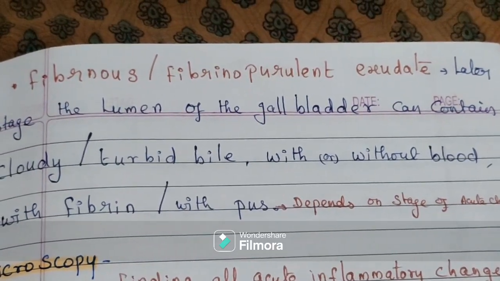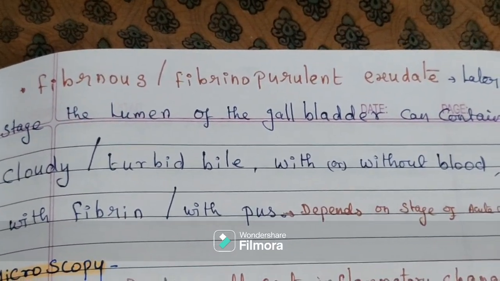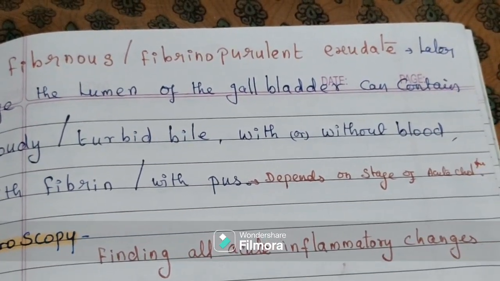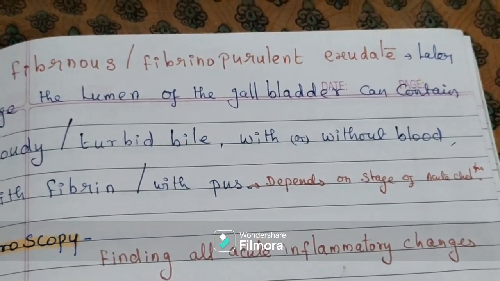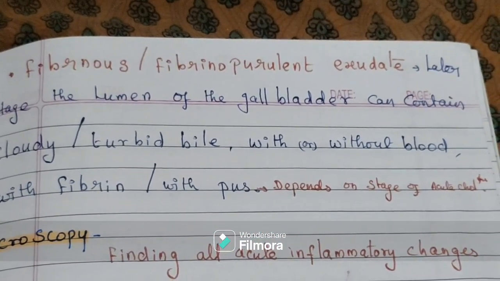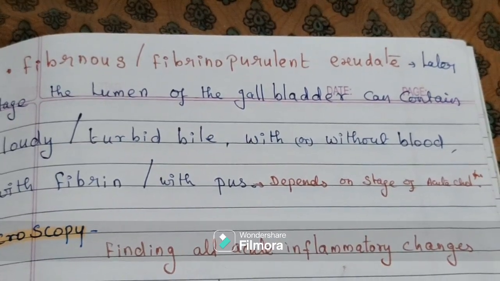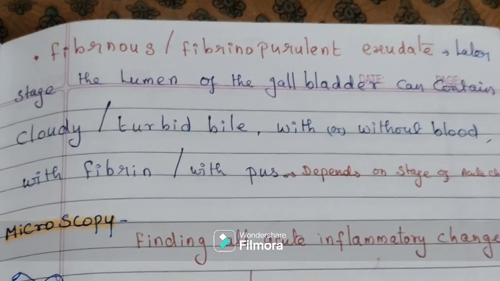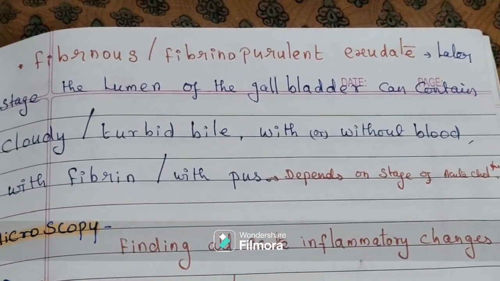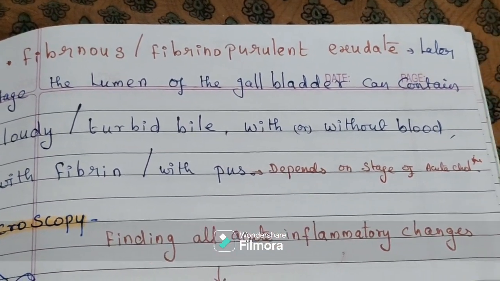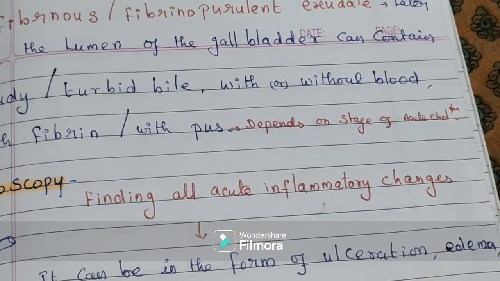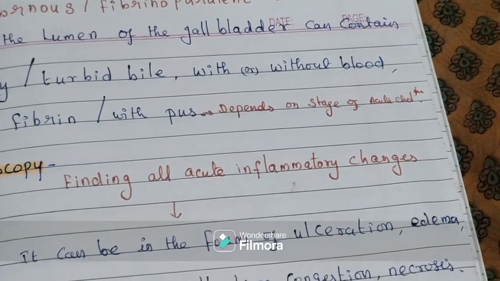The lumen of the gallbladder can contain cloudy or turbid bile with or without blood, with fibrin or with pus, depending upon the stage of acute cholecystitis.